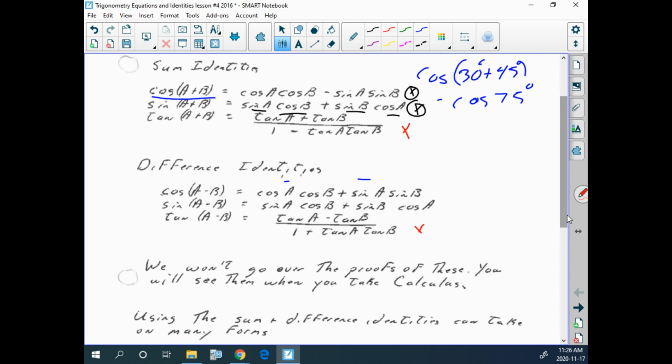Well, this here is on the bottom, and this here is on the top.